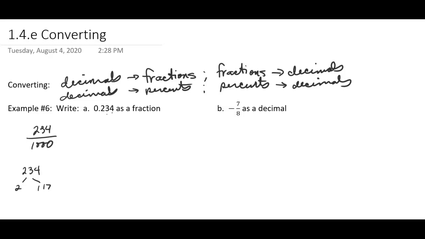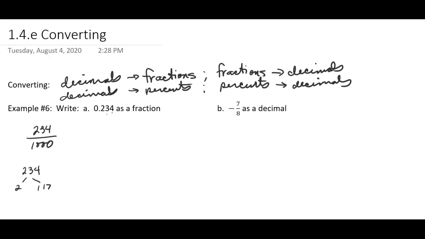Now, it's not that the 117 doesn't continue to break down. 117 isn't prime, but there aren't any more factors of 2 because it's not even, and there aren't any factors of 5. So when I'm trying to take a decimal to a fraction, I like to think in terms of 2s and 5s because my denominator is always going to be a power of 10, and a power of 10 only has factors of 2s and 5s.